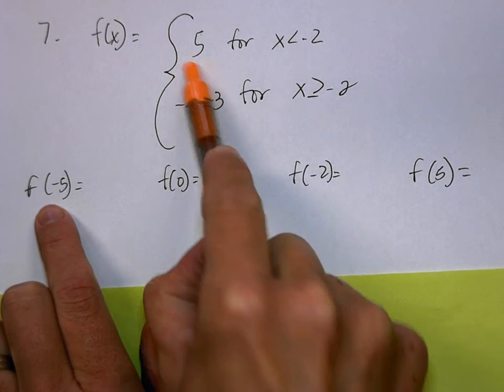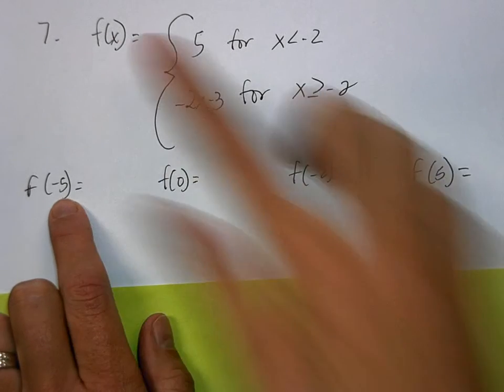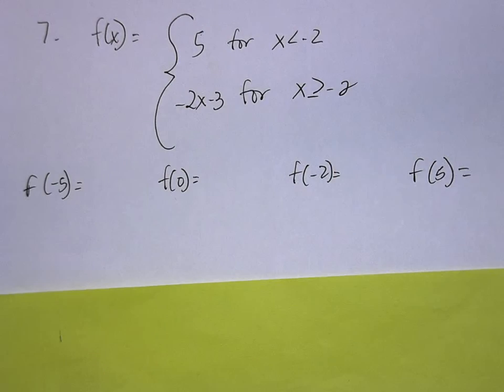5. Okay? So for anything that's less than -2, if you were to graph that, it would be a straight line at 5, right? So anything that's less than -2, the answer will be 5. If I said, what is f of -20? 5. If I said, what is f of -100?